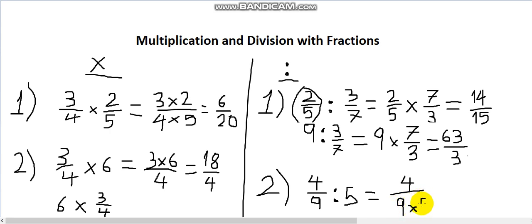That would be 9 times 5, and that would be 4/45. So it's kind of opposite, as multiplication and division usually are. They're kind of the opposite.